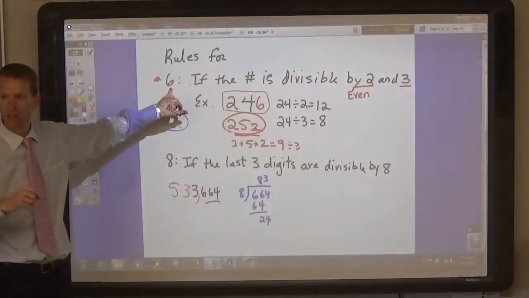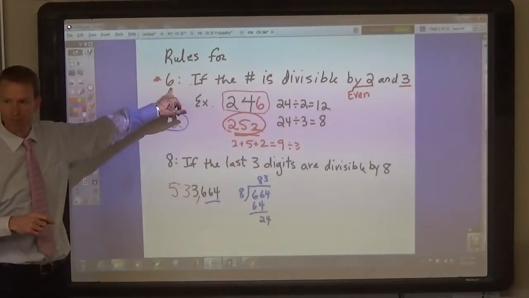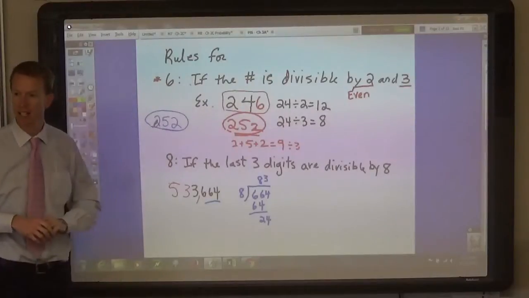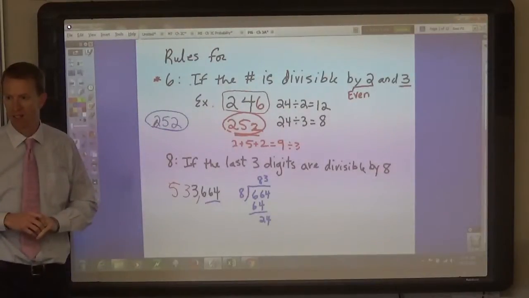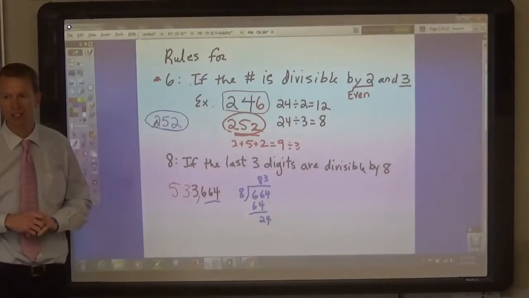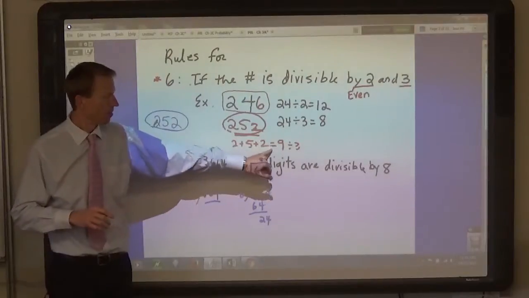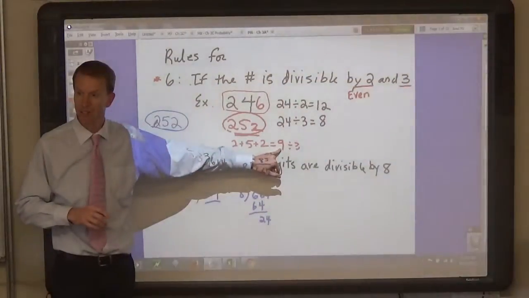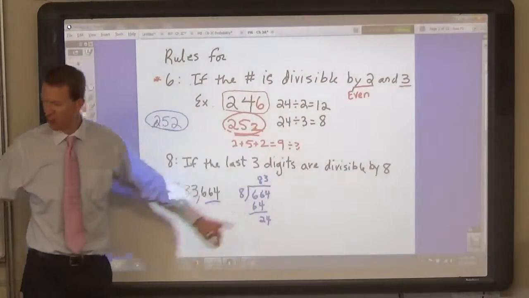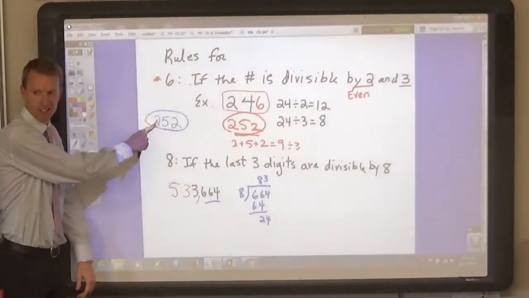Is it divisible by 9? Nate? Yes, because it's divisible by 3. Well, it can be, but what is the sum of the digits? 5, 2. No, what's the sum of the digits? 9. And is 9 divisible by 9? So then is this number divisible by 9? Yeah.